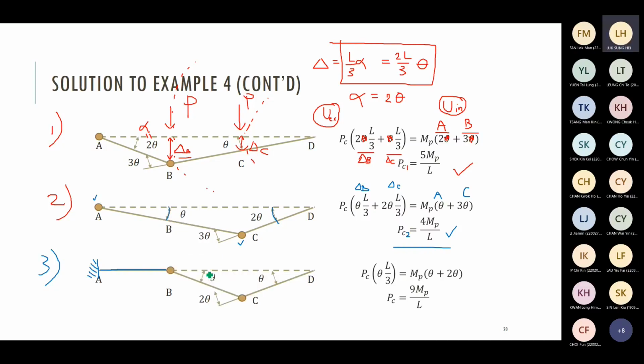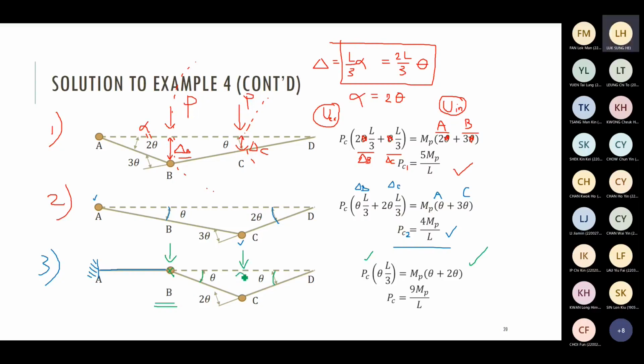This one is easier because if one side is theta, the other side is also theta because they have the same length, a similar triangle. So this one I think is even easier in terms of calculations. You can calculate the work done, internal work and external work. And this one, we have two forces at point B and point C. You can see that the force at point B has no vertical displacement.